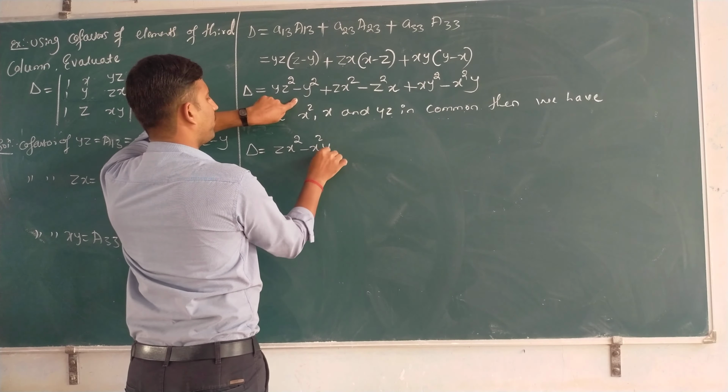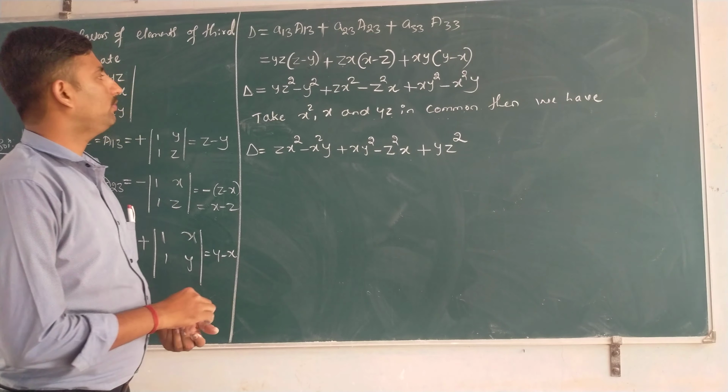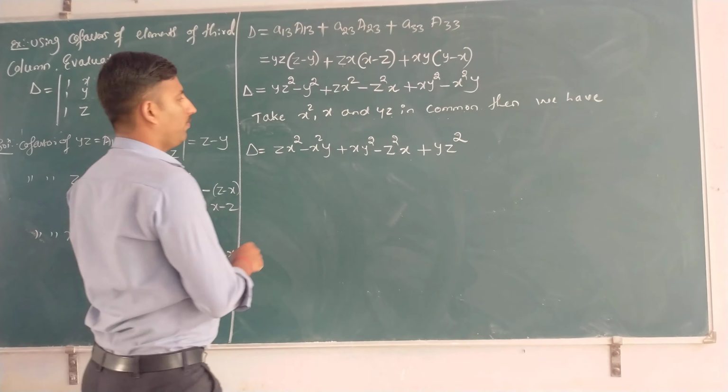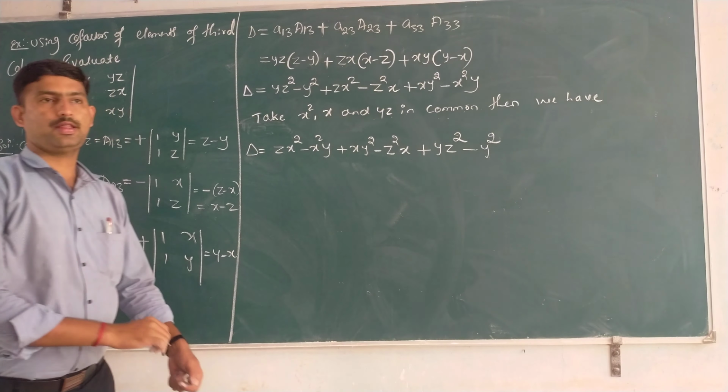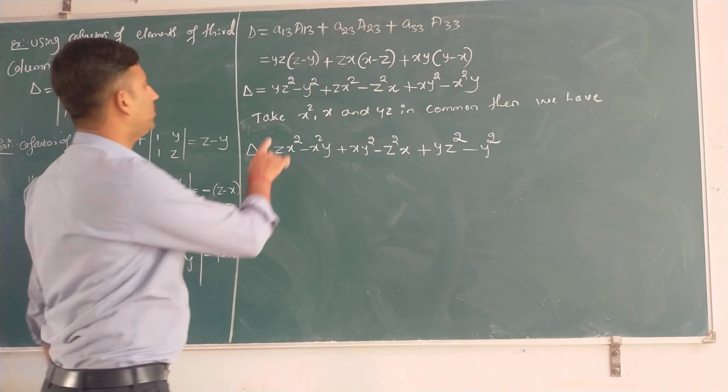After that x value we have to reshuffle, that is plus xy square minus z square x. After that yz square, correct, yz square minus y square, correct. How many terms? Count it once again. 1 2 3 4 5 6, which is the delta.